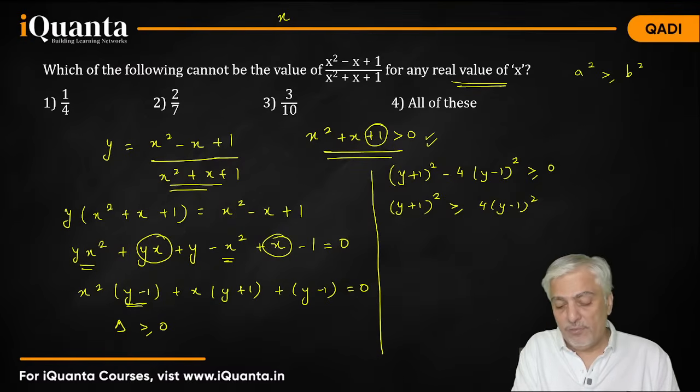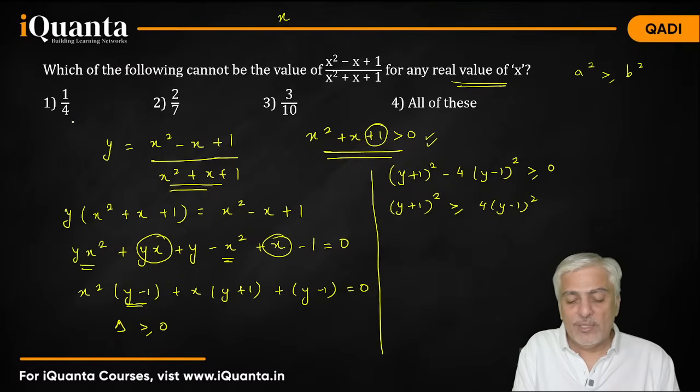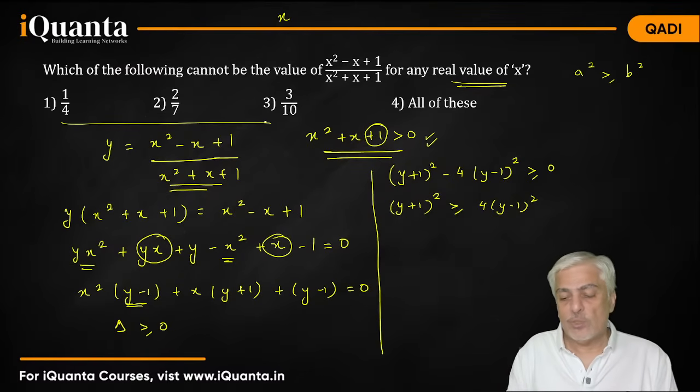So, be very careful, get the values which you get, and then you get a range. Now, none of these values satisfy that range. This is one method to do this question. So, answer is all of these. We can expand this and also do it. There is no problem with that.